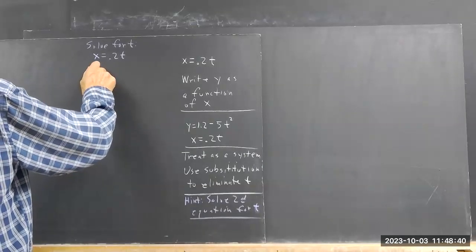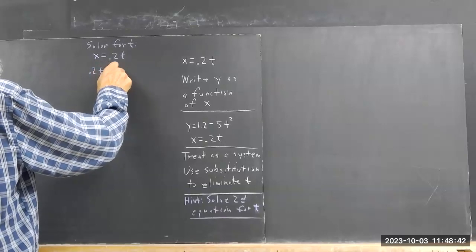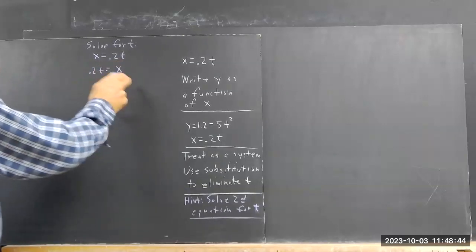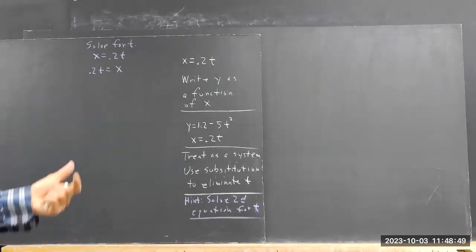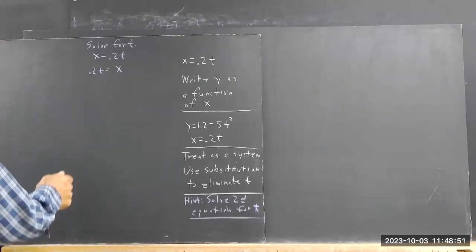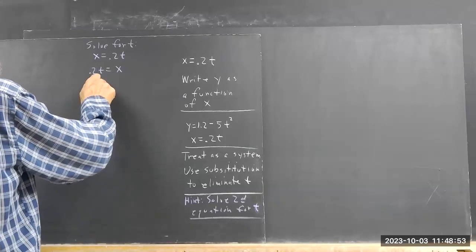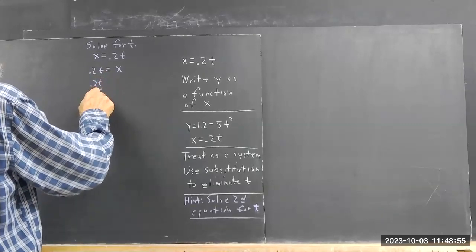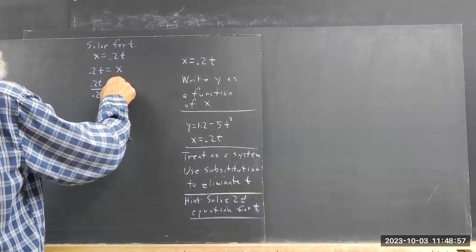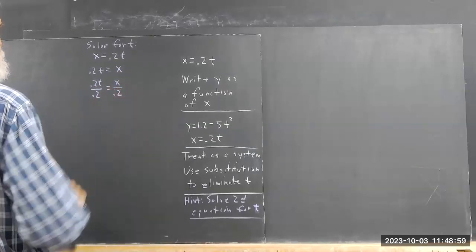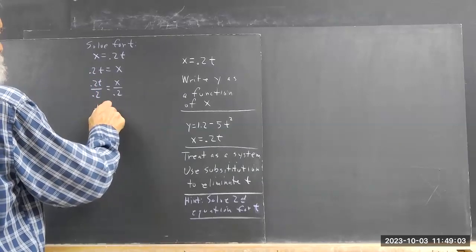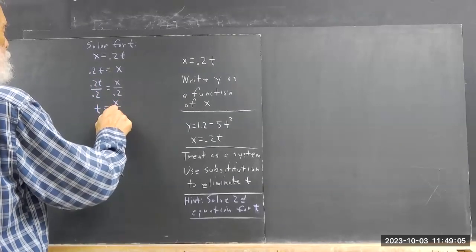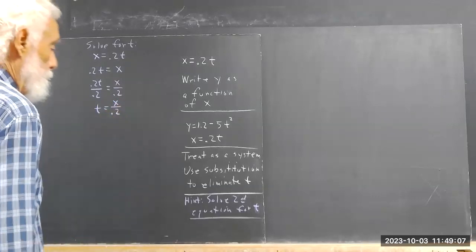Well, you might want to look at it with the variable you're trying to solve for on the left. So I'll just switch the two sides. Not necessary to do that, and many of you didn't, but it's okay. Either way, we divide both sides by 0.2, and the 0.2's divide, and we end up with t equals x over 0.2.